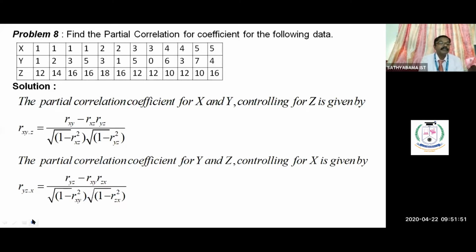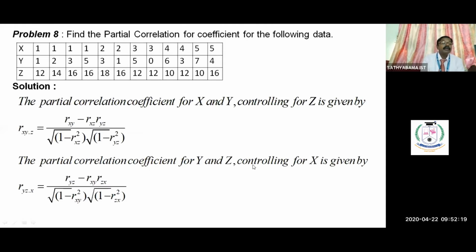So this is the formula for Rxy dot z, Ryz dot x. You can easily remember the formula. This Rxy dot z is nothing but Rxy, Rxz, Ryz here.